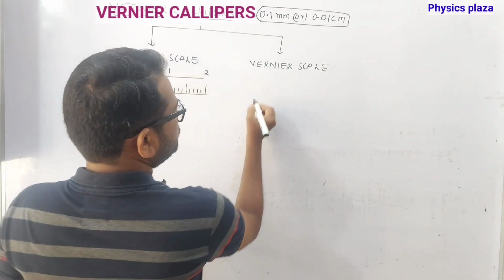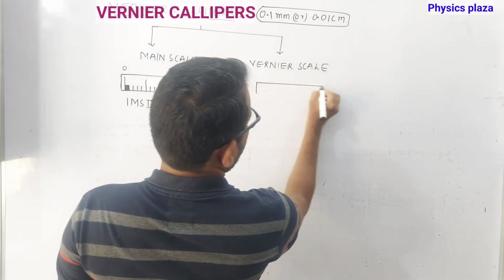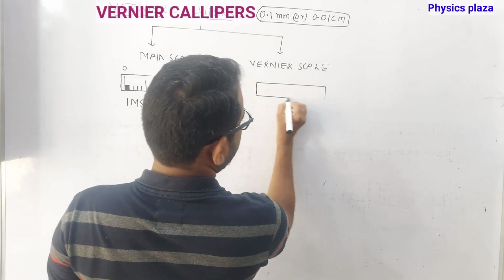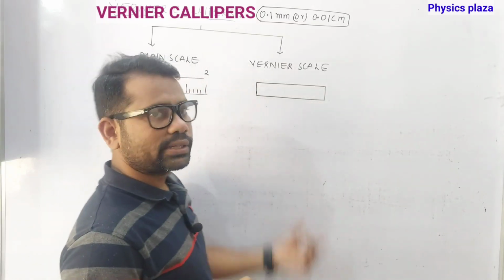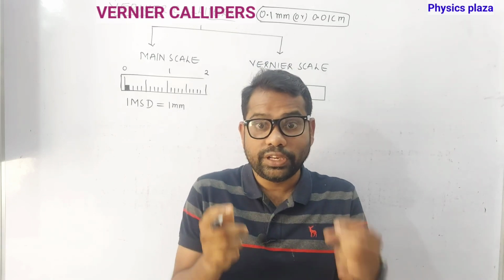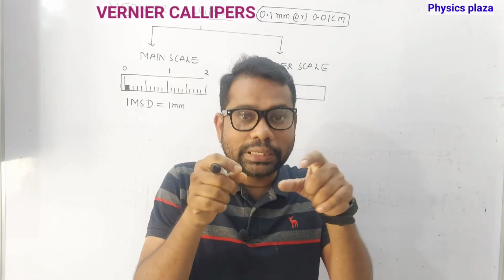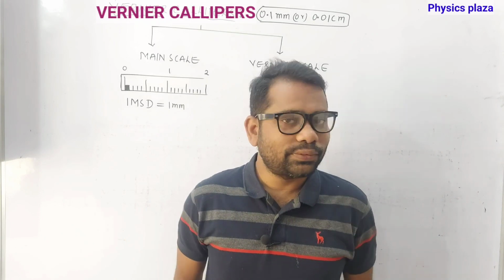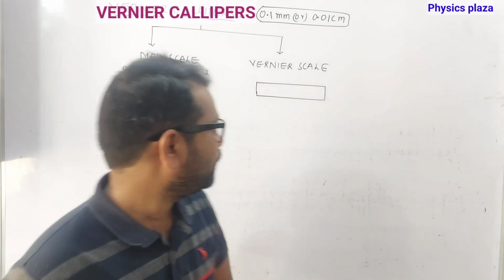Let us see. Just for convenience, I am making this Vernier scale much bigger. In reality it will be very small, so we need to look at the divisions with great care, otherwise it is too difficult to see.